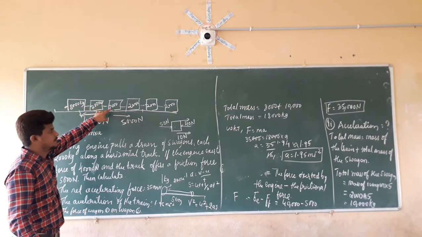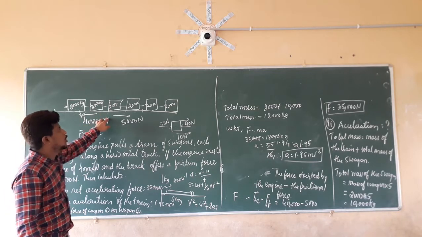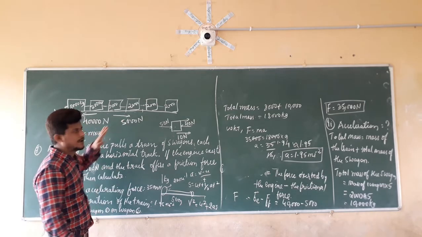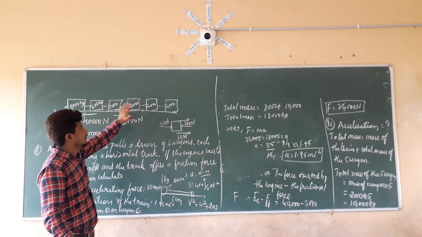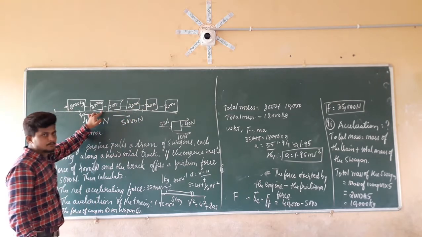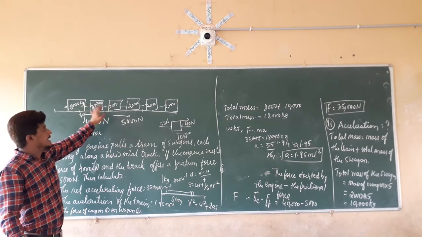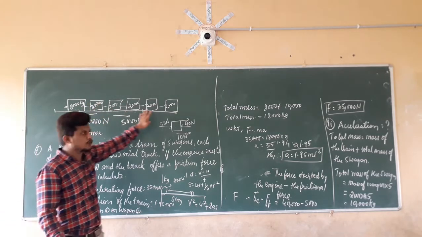The vehicle 1 has to pull the other vehicles. What does it have to do? It has to pull all the remaining four vehicles, not only a single vehicle. So together these four vehicles should be pulled by the vehicle 1. Whatever force is exerted by the vehicle 1 on the vehicle 2, it is the same force which is going to be exerted on all the four vehicles.